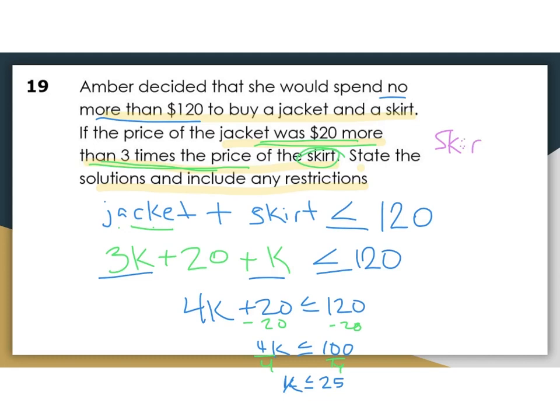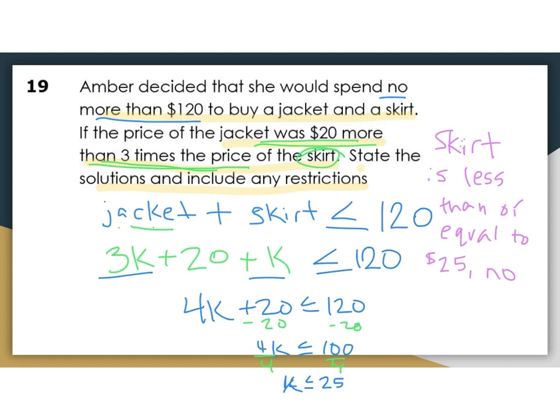But we're not going to do all the values less than 25 or equal to. So the skirt is less than or equal to 25, but we don't want to include negatives, because negatives are -2, -3, -12.